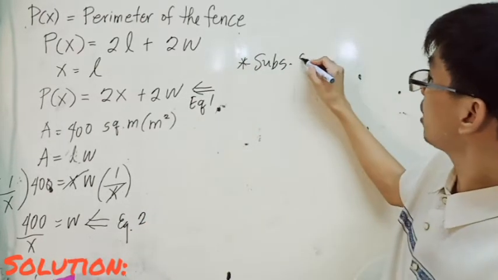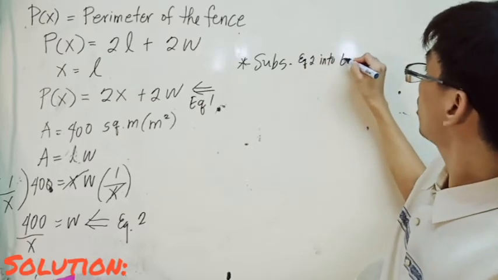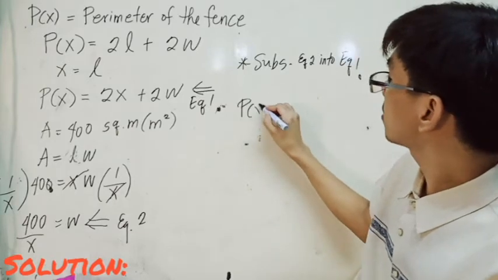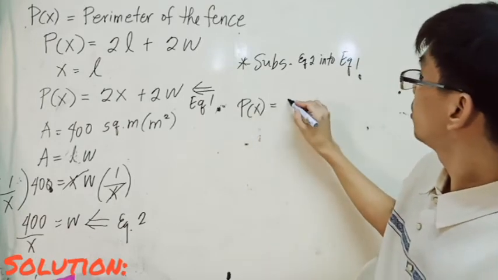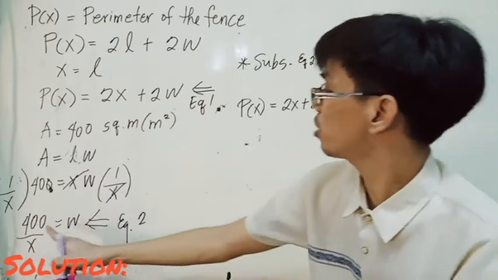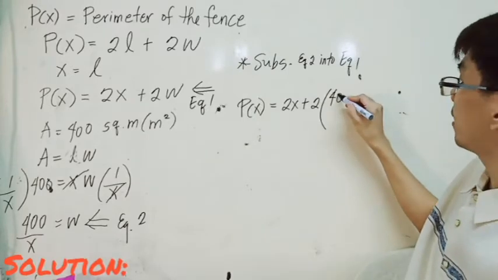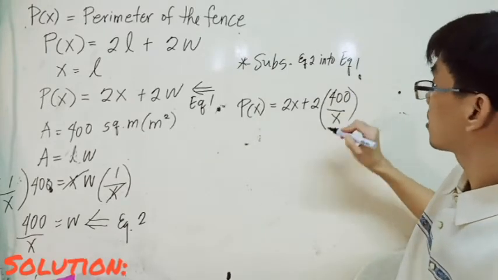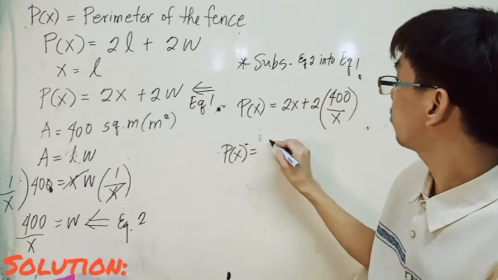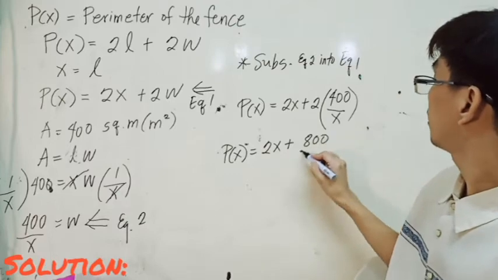So substituting equation 2 into equation 1 will give us p of x equals 2x plus 2 times, because w is equal to 400 over x, 400 over x. Simplifying this will give us p of x is equal to 2x plus 800 over x.